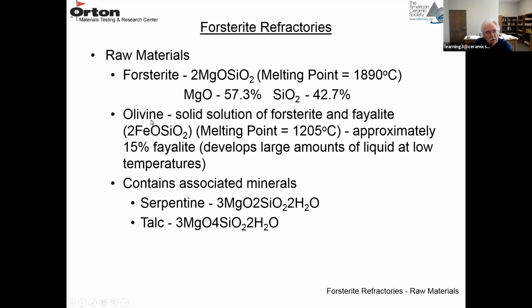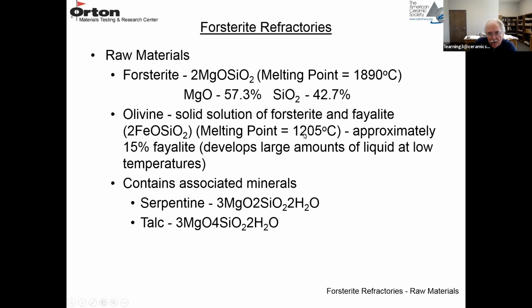The raw material is olivine. Olivine is a solid solution of this desirable phase forsterite and an undesirable phase, fayalite, or undesirable mineral. So forsterite is 2MgO-SiO2, fayalite is 2FeO-SiO2.